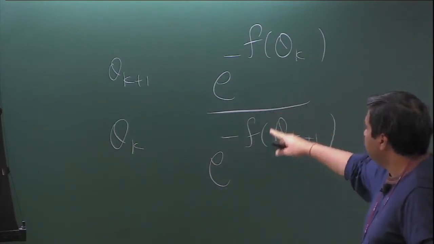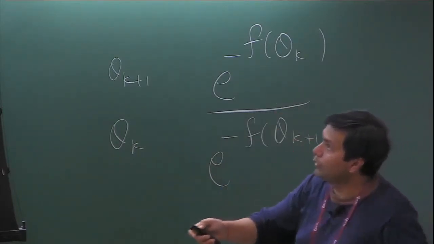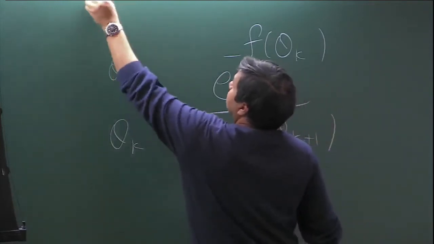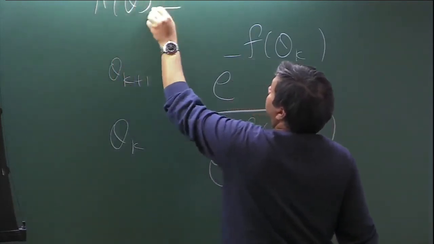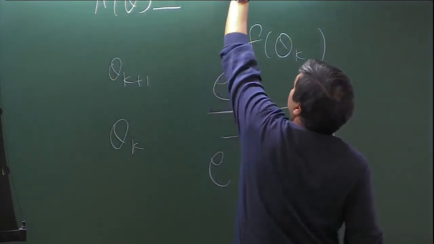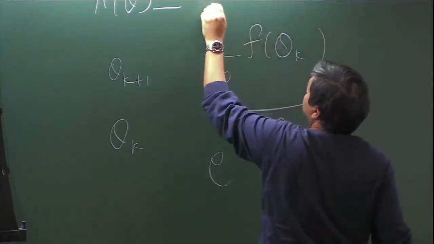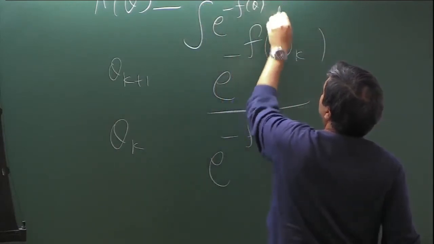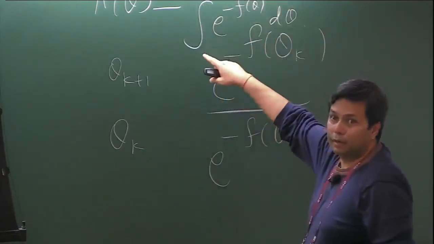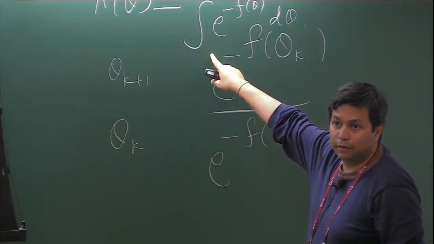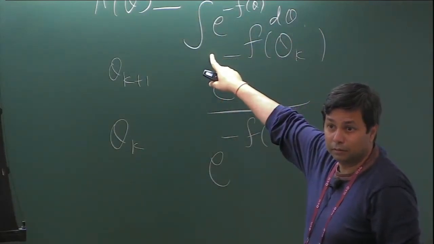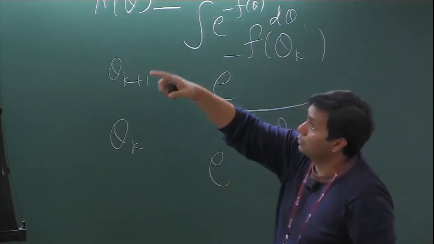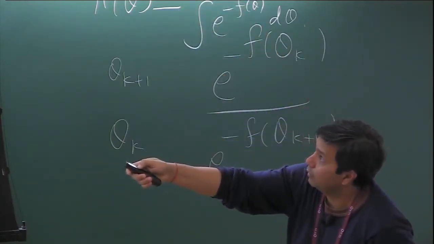And to compute this, what is really the problem in sampling from this distribution? The problem in sampling from pi theta is that if you write it exactly, it's this divided by the integral of this. The difficulty is in computing this integral, the partition function. There's a proportional sign here.